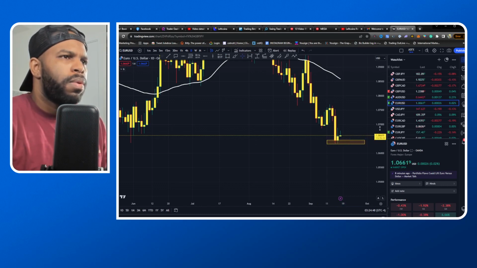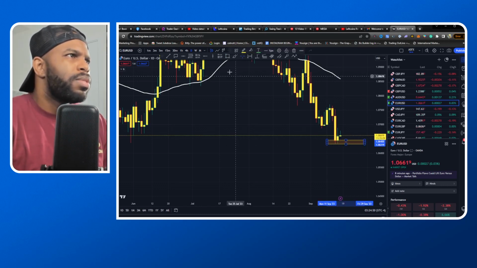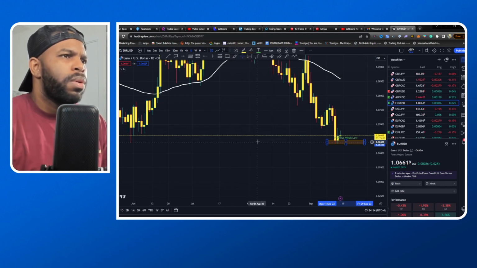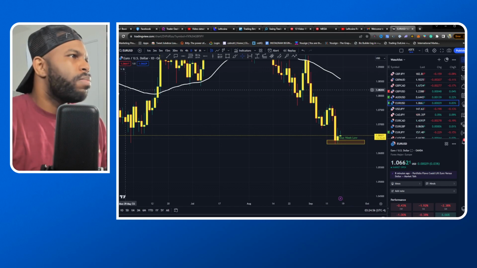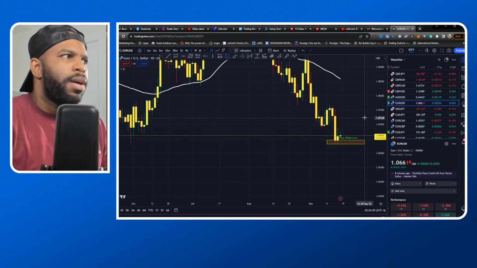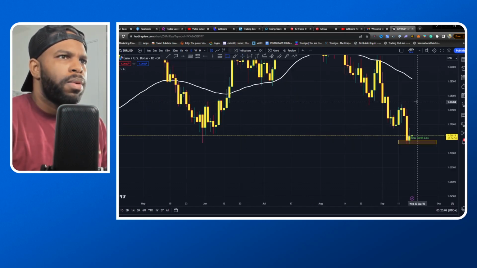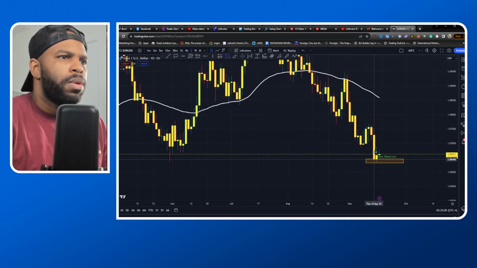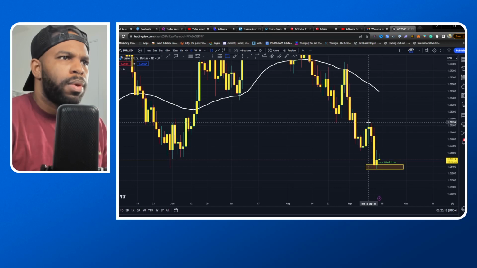We'll name this the previous weekly low, and then we'll look for our previous weekly high here. I think Tuesday was the high for last week. Okay, so we can just do it like that.